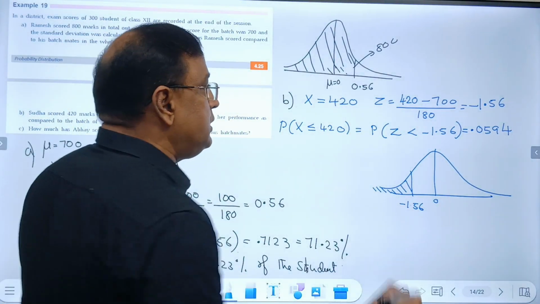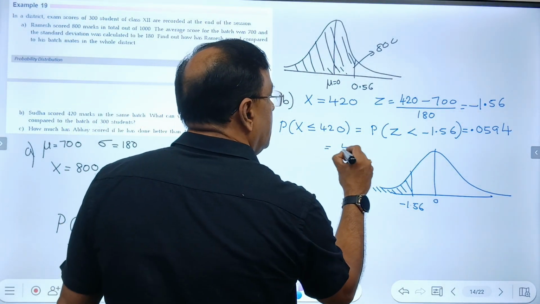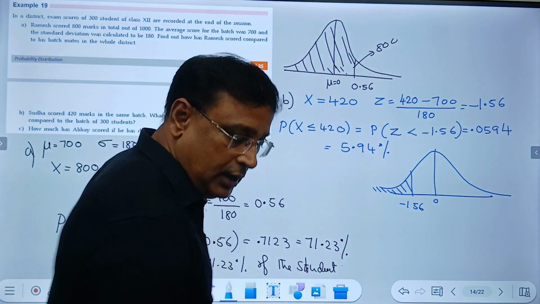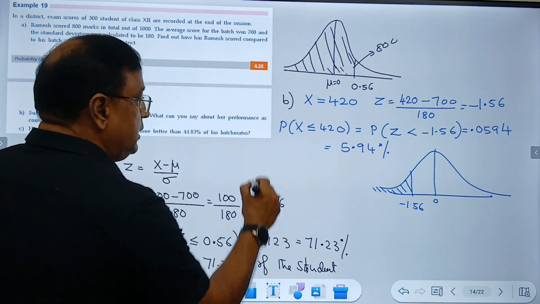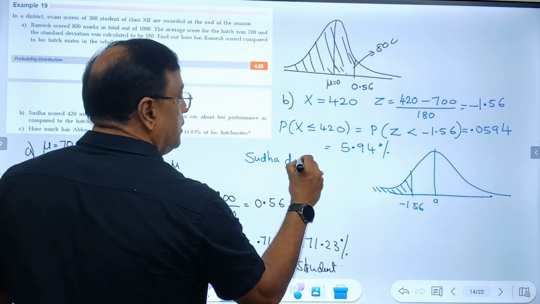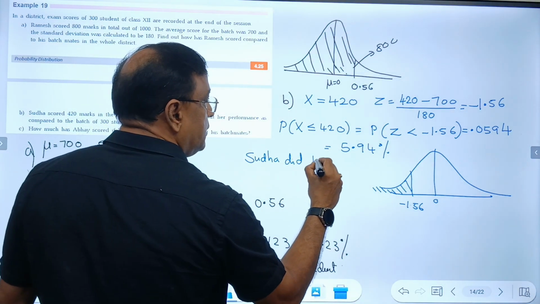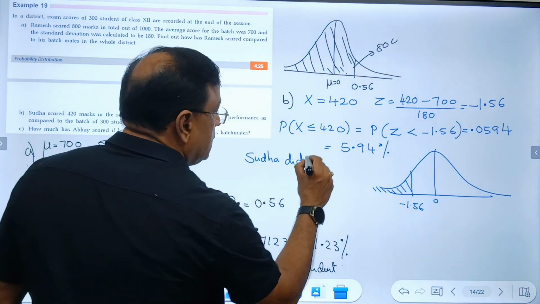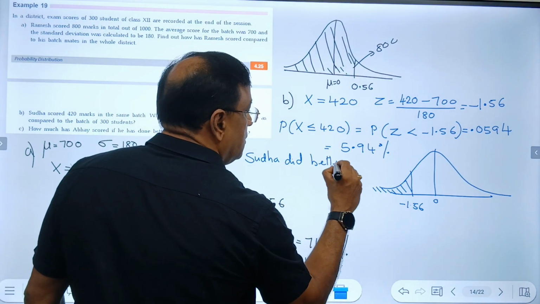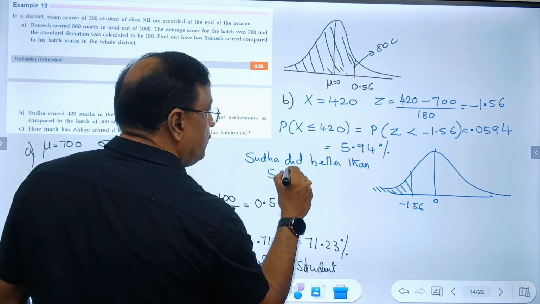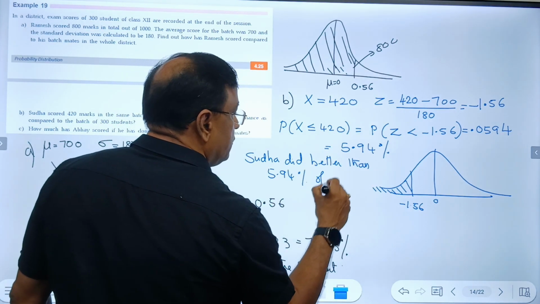So if I have to calculate the percentage, it is 5.94% if I multiply it by 100. So Sudha did better than 5.94% of the students.